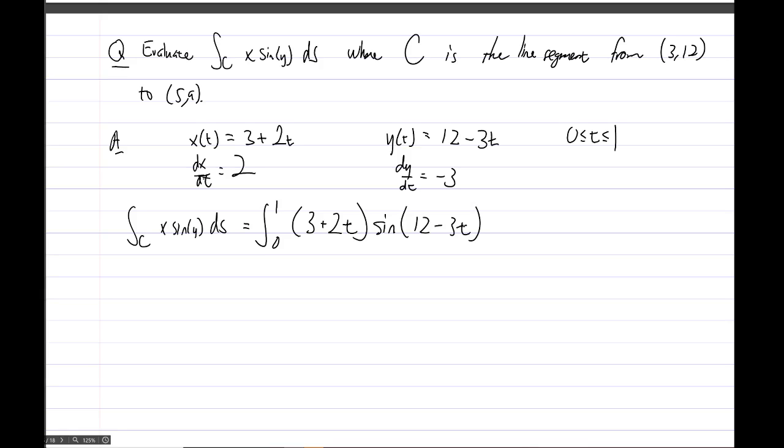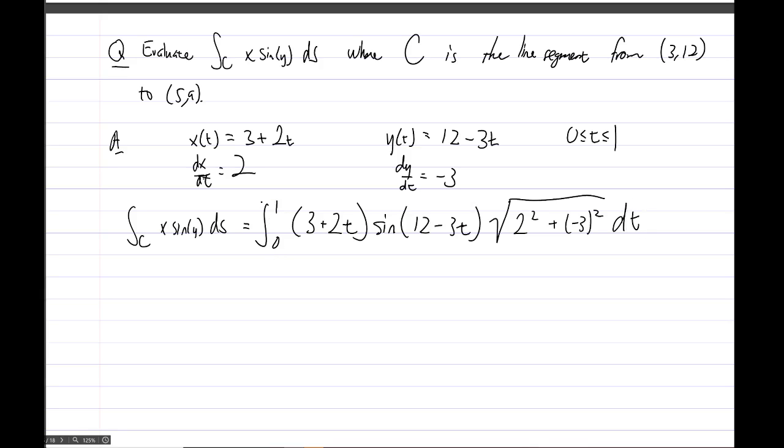Okay, and then ds. We have to replace the ds with the square root of 2 squared plus negative 3 squared dt. Yeah, makes sense. These are t values in the integral.